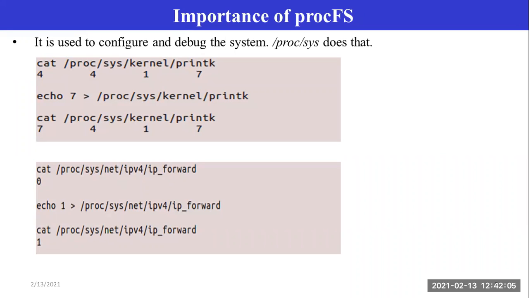On the other hand, if I want to configure my PC as a router, I have two interfaces in my PC, one wireless and one Ethernet, and I want to forward the packet from Ethernet to wireless and wireless to Ethernet. In that case, I need to forward the packet from one interface to another in the IP layer, which means I need to do the routing. I can do that by setting this value to 1.